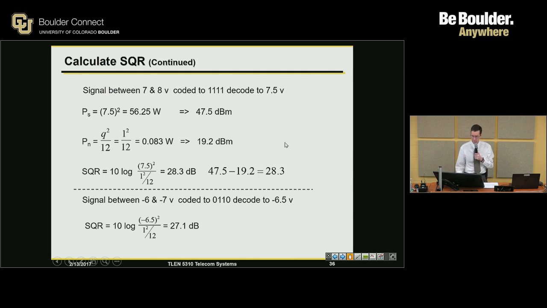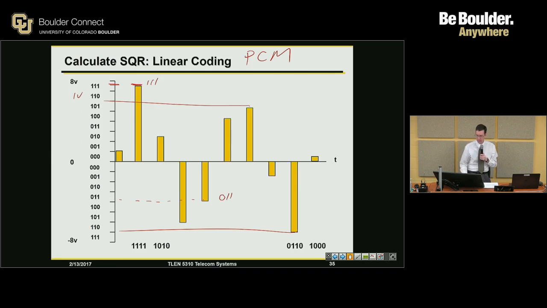So doing an example with this one, let's say that we've got a signal that's between 7 and 8 volts. If we go back to the previous slide, here's the 8 volt here, and here's the 7. So if it's between those, then my value is going to be that 111.